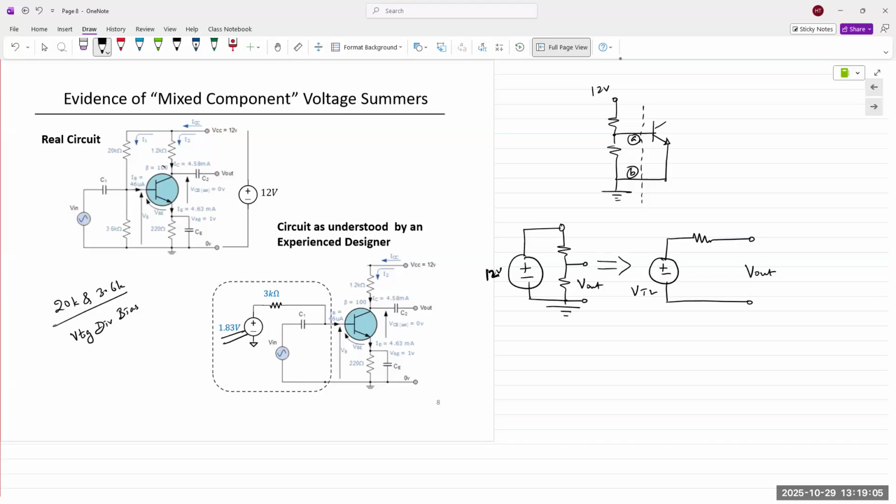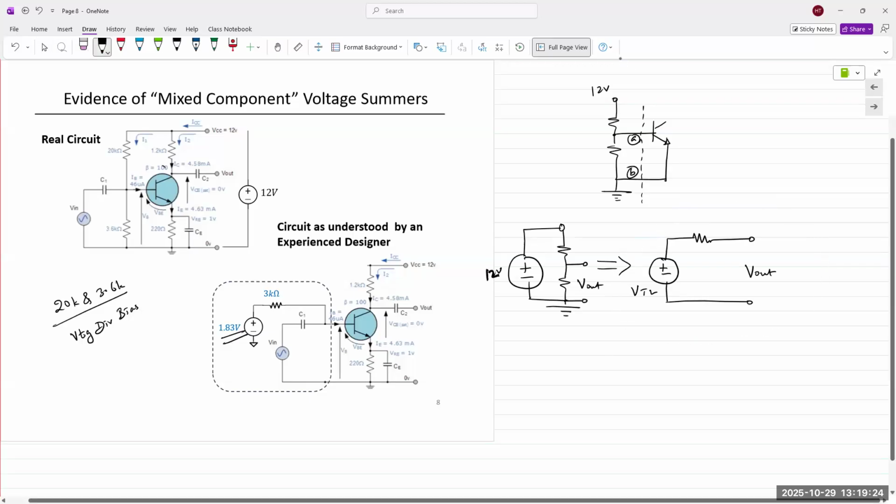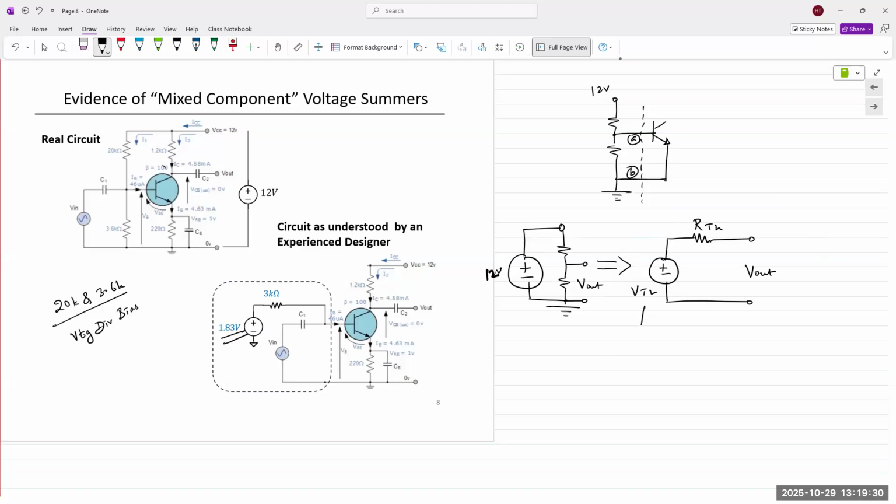So if you're a designer or an engineer trying to understand a system and you look at a circuit like this, you should immediately recall that if you have a voltage divider network created from two resistors, it should look something like this, where you have a Thevenin equivalent voltage and a Thevenin equivalent resistance. VTH for this particular example was 1.83. We have seen this previously. And RTH, 3 kilo ohms, two resistors in parallel. And so that's how the circuit looks going into the transistor.